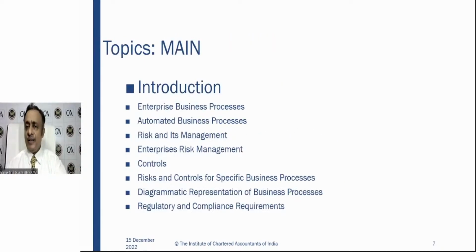We'll be talking about introduction, enterprise business processes, automated business processes, risk and its management, enterprise risk management, controls, then specific controls for specific business processes in an entity, diagrammatic representation, flowchart, regulatory and compliance requirements. Because we have this chapter for 3 days, each day at the end of the session we'll have some discussion on flowchart.